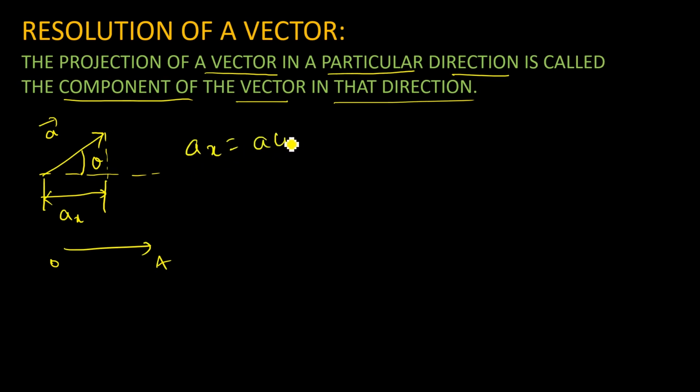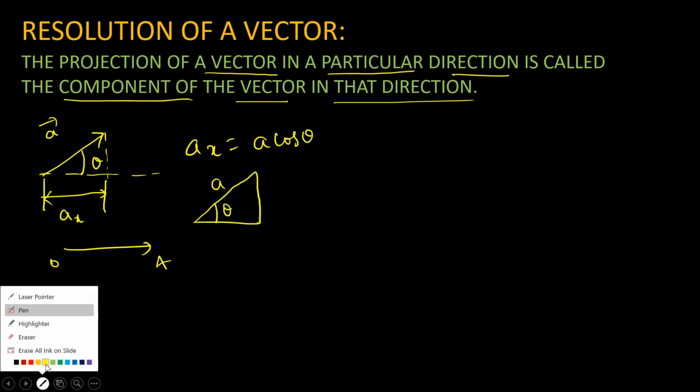How did you get this? You can consider this as a right angle triangle, with magnitude A and angle theta. Listen carefully, this is most important. Here is the x-axis and y-axis.